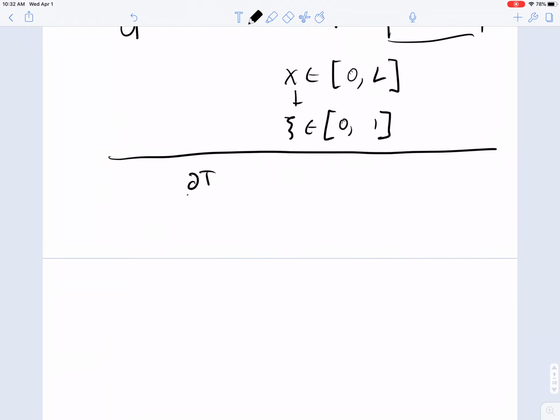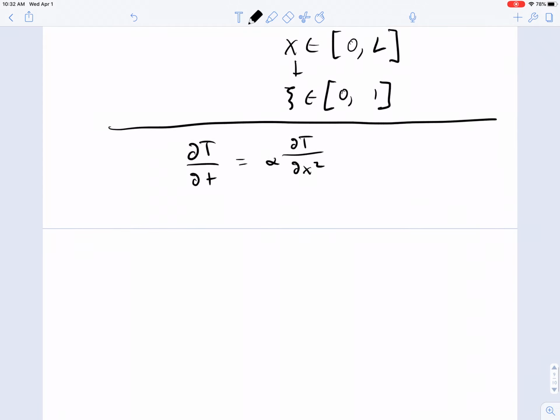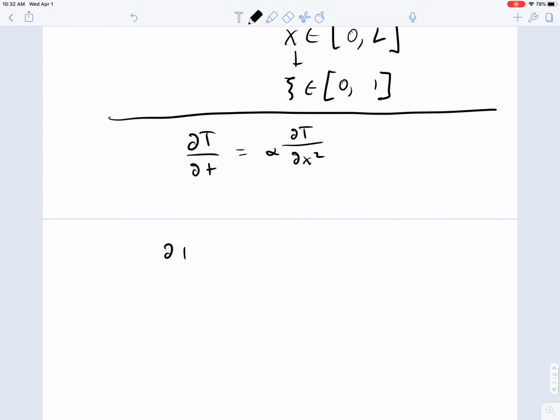So if we rewrite this differential equation, the partial of temperature with respect to time equals alpha times the second partial of temperature with respect to x squared. We're leaving q off for now. I like to expand it just so that it's easier to see: alpha del by del x of del temperature del x.